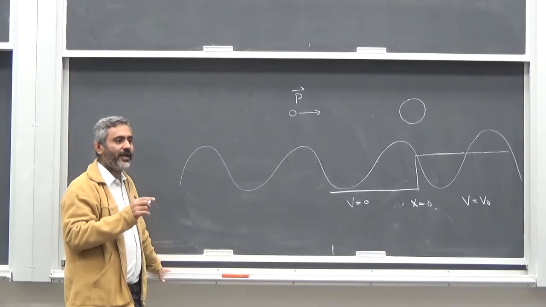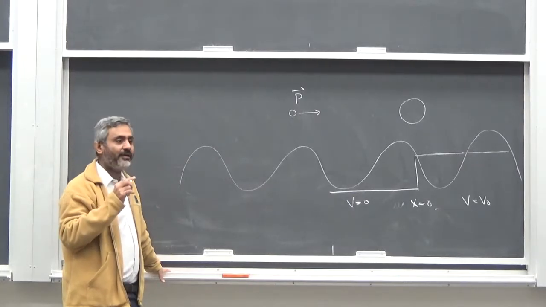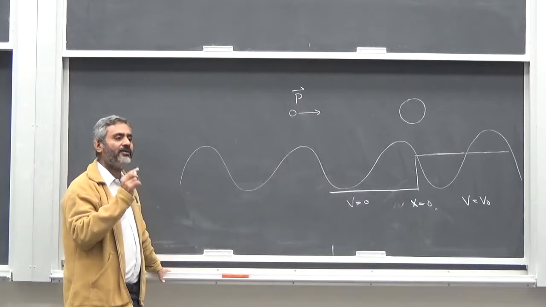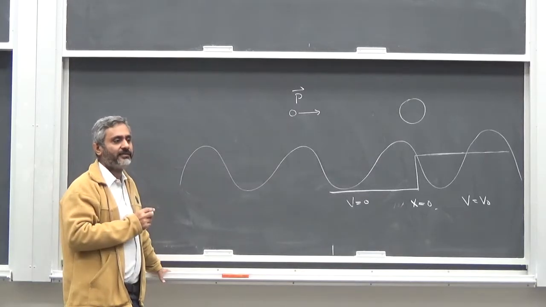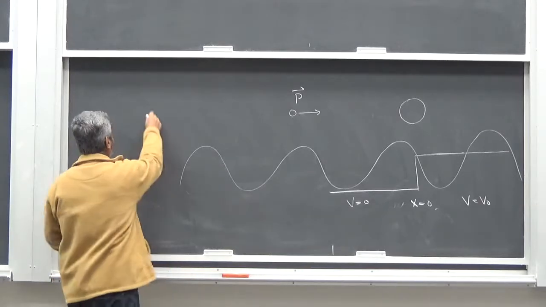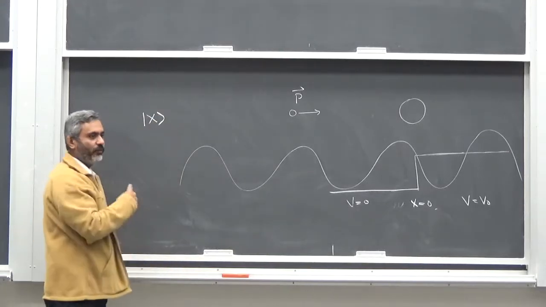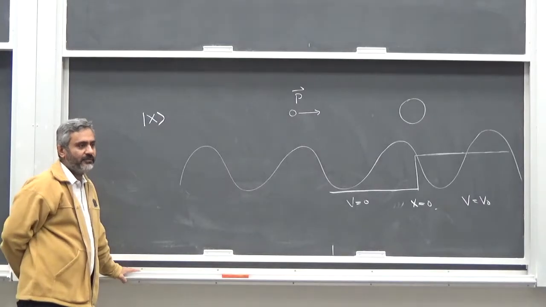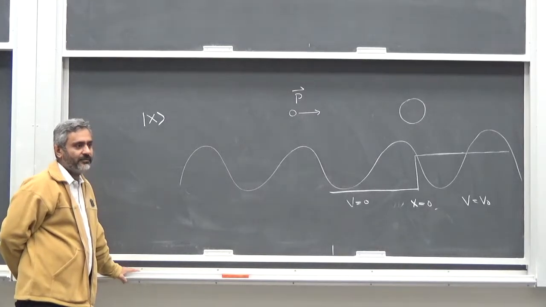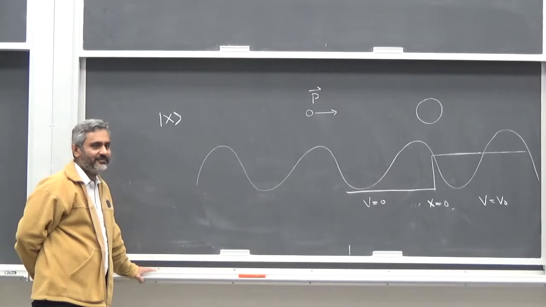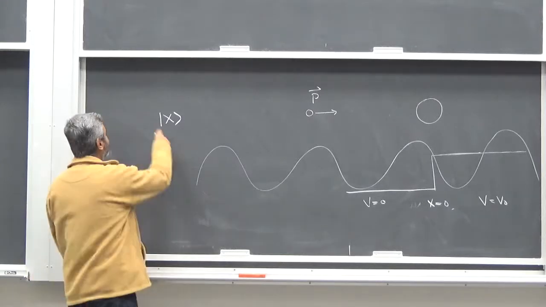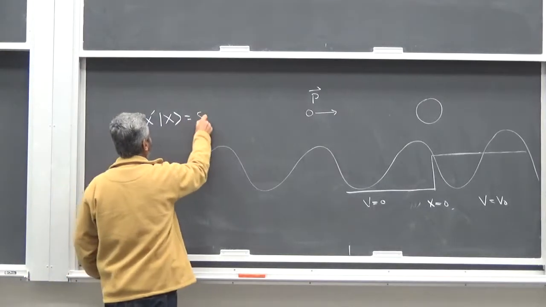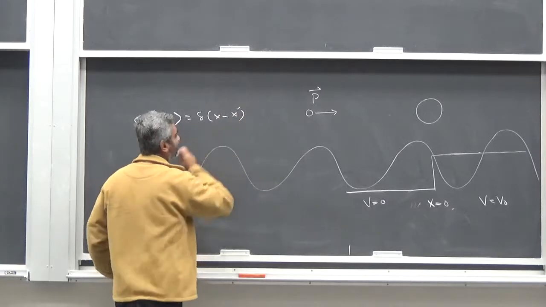So if you're not convinced, how do you describe the eigenstate of position? What is the wave function?